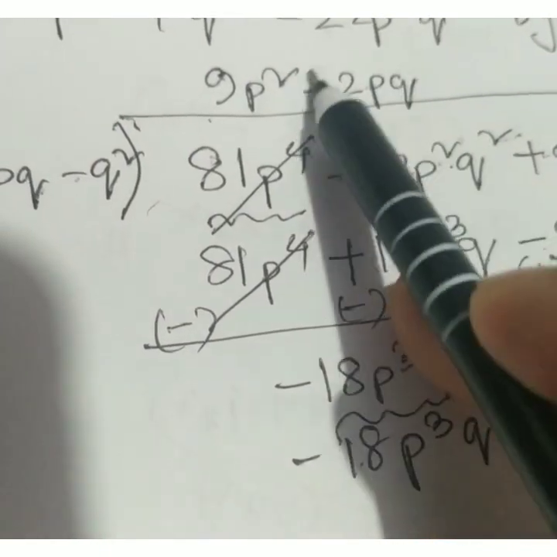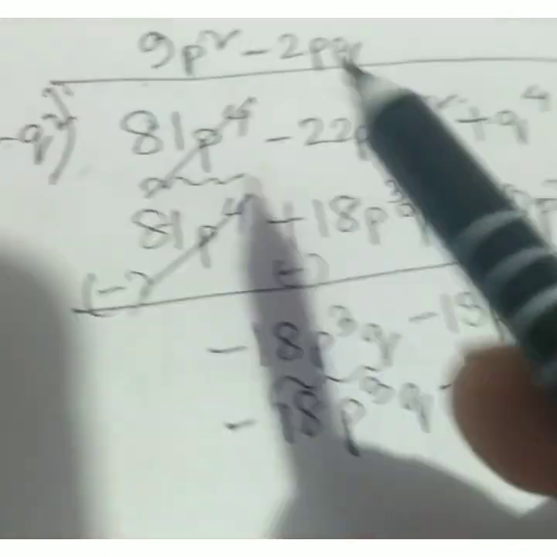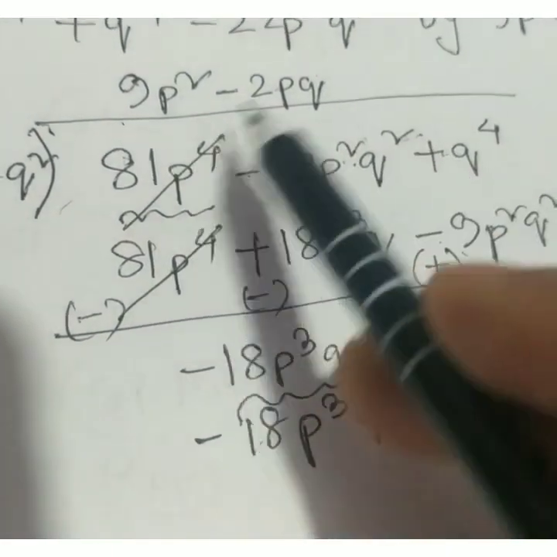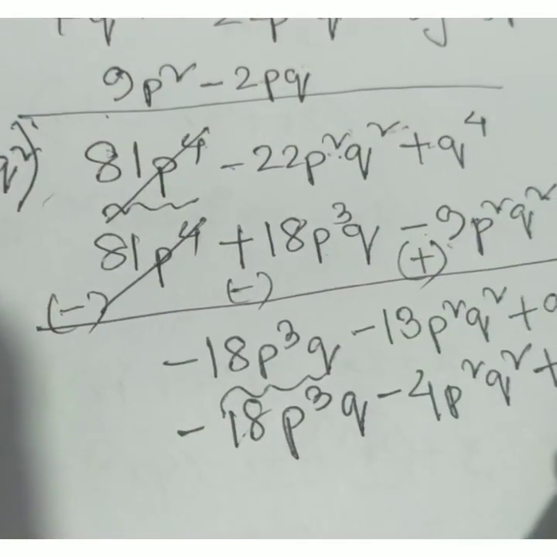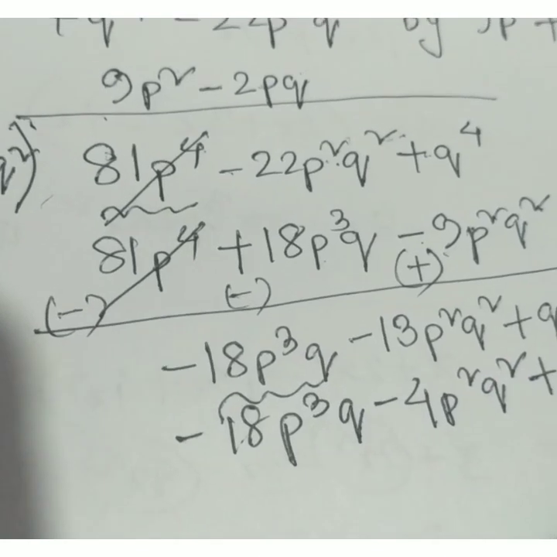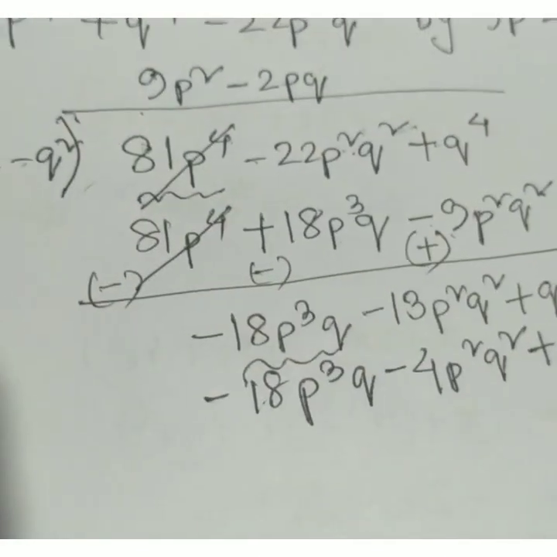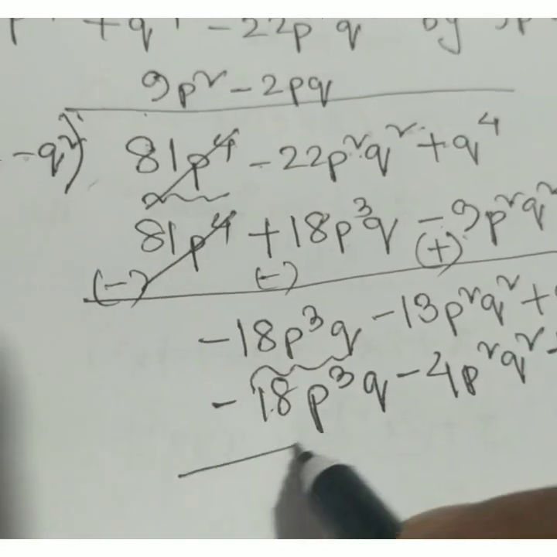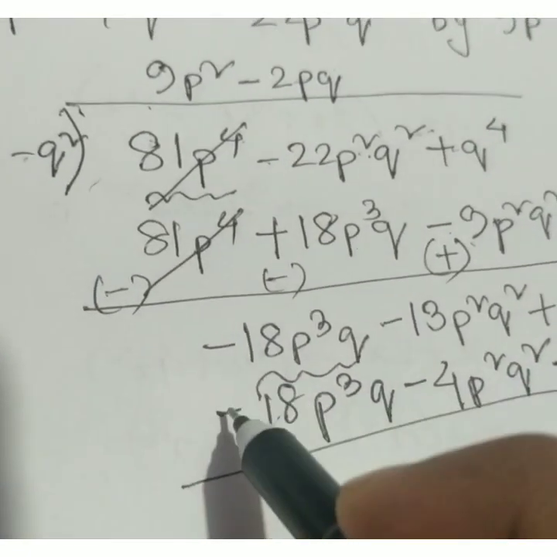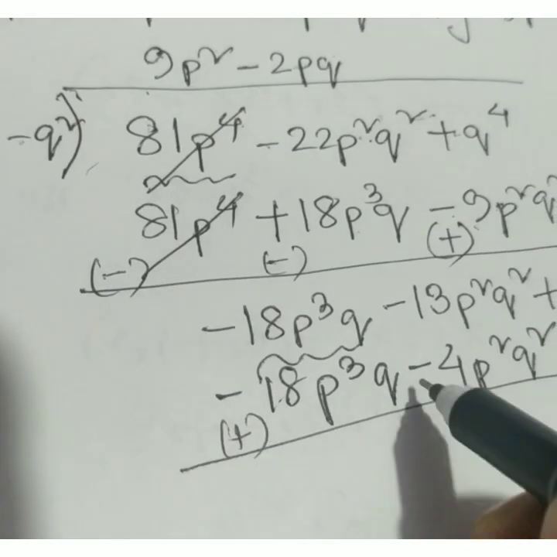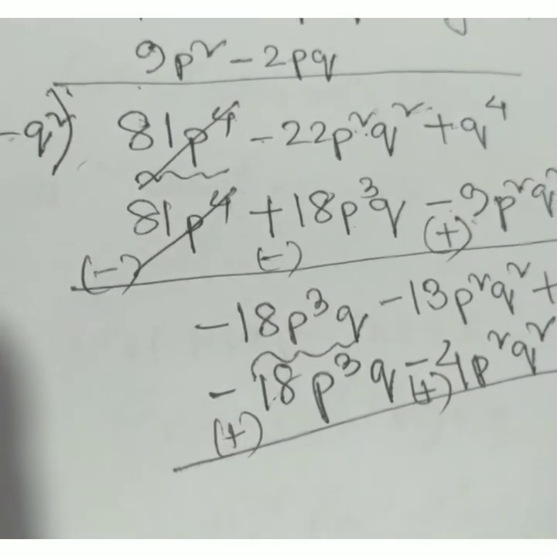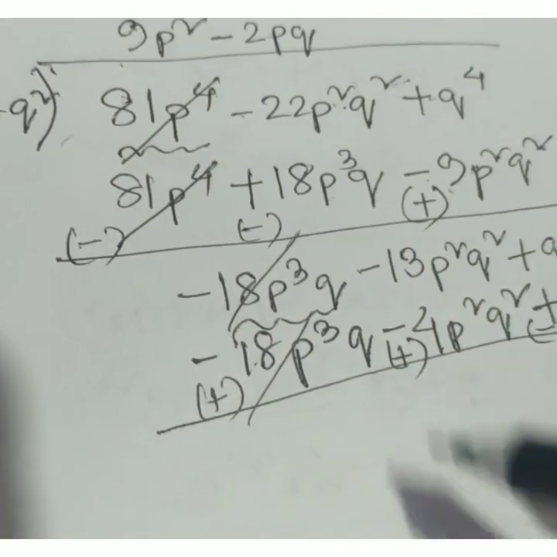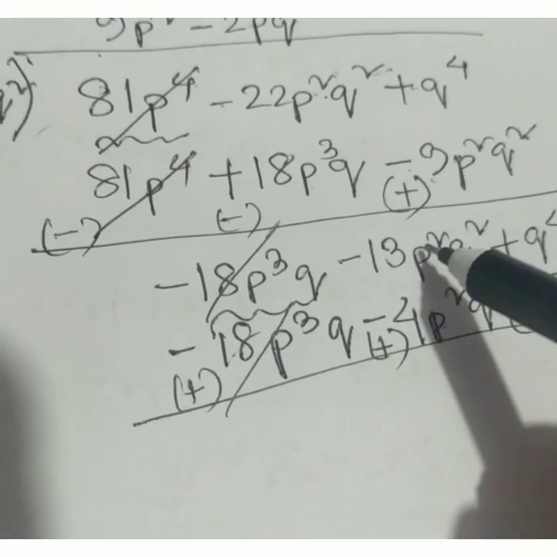and minus 2pq into minus q² is plus 2pq³. Okay. Next, draw a line. This becomes plus, this becomes plus, and this becomes minus. Cancel out. p²q², p²q².